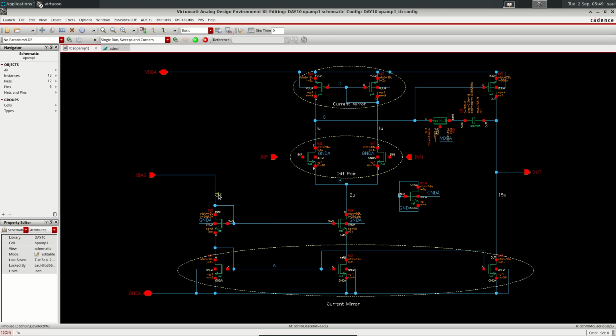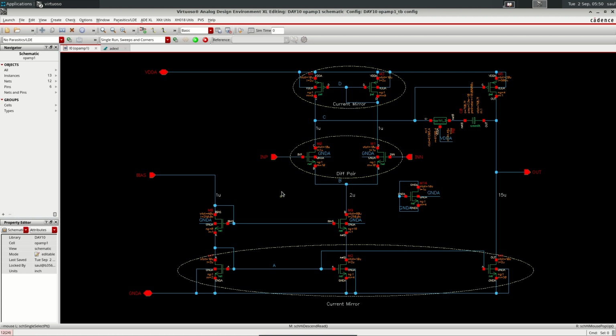So I put the value of these currents in each branch of the circuit, and I also mark the devices that have to be very well matched, because most of the effort during layout will be to get the matching of these components.